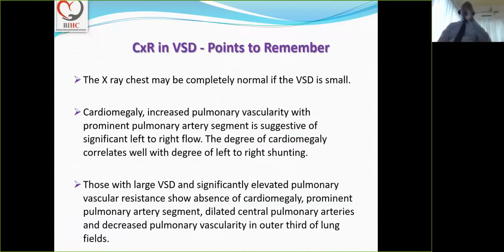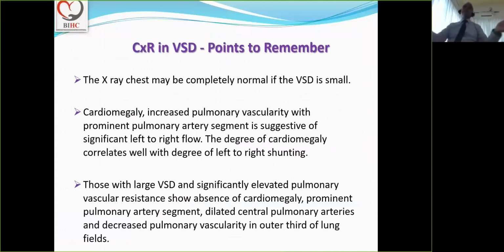I'll show you an X-ray in a second. Just highlighting the points to remember. If the VSD is small, you can expect a normal X-ray. Cardiomegaly, increased pulmonary vascularity, and a prominent main pulmonary artery segment denote that there is a significant left to right shunt. And the degree of cardiomegaly correlates well with the degree of left to right shunt.